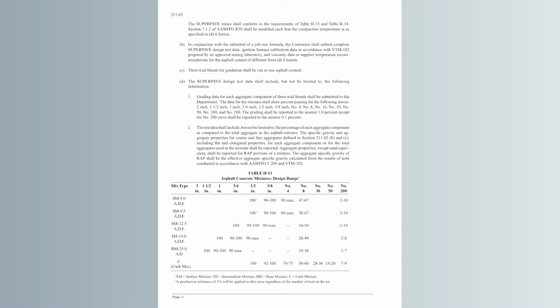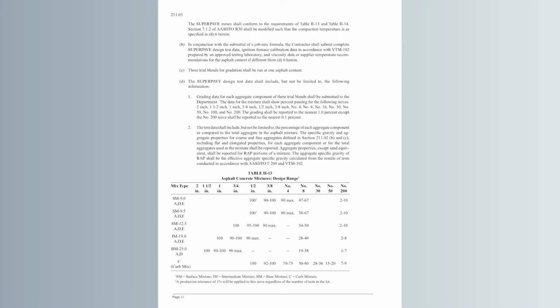Down at the bottom of that page is Table 2-13. Those are your design ranges for your different mix types. It goes across the top, shows you the specific sieves, and down along the left-hand column shows you your mix types. You want to make sure you can read this table. It's extremely important. That way you know what to design your mix to. So we're going to do one example to make sure that everybody knows how to read this table.